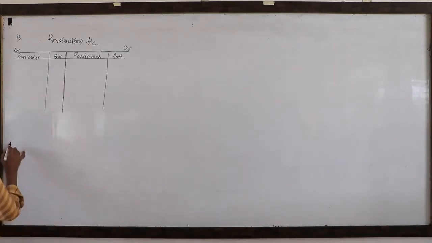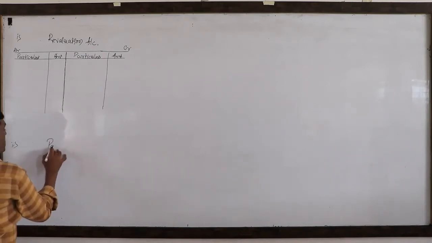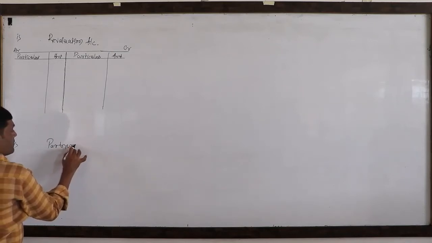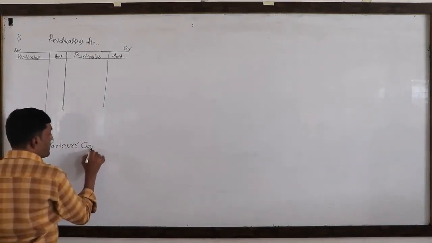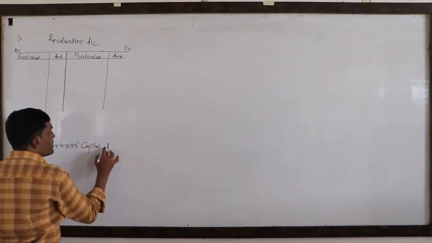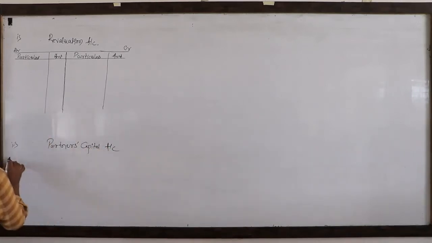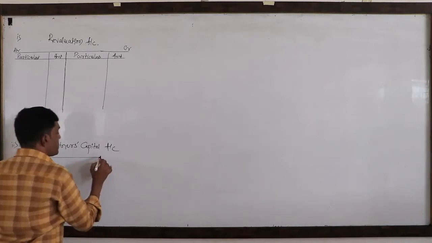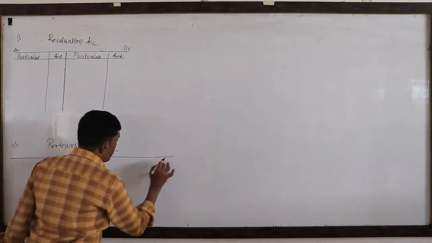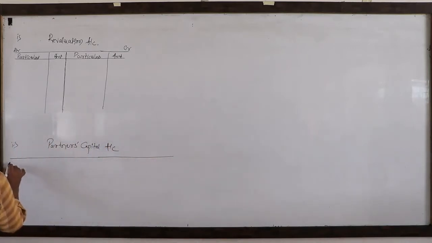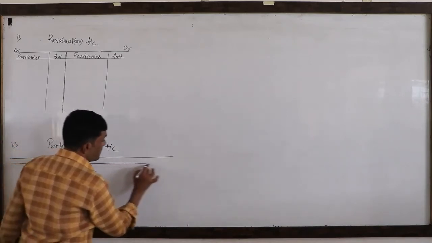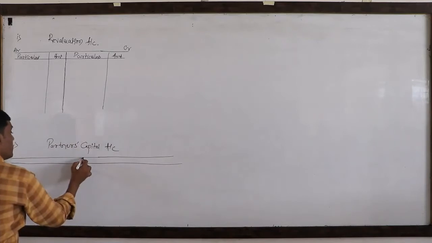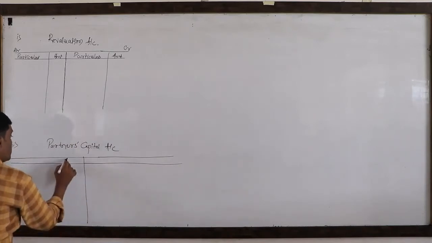And then the second account, that is the partners' capital account. So there are totally 3 partners. Initially there were only 2 old partners, and now they have admitted one more partner, that is the reason they have become 3 partners.